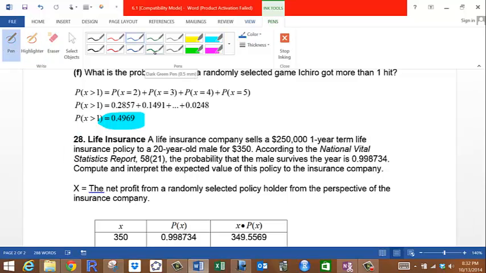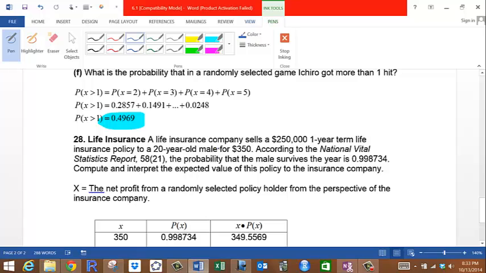All right. So now that we've done this kind of problem where the distribution is given, let's look at one where it's not given. These are kind of interesting because they deal with actuarial science, which is where actuaries do probability and statistics for insurance companies. So we've got an insurance company that sells a $250,000 1-year term life insurance policy to a 20-year-old male for $350.